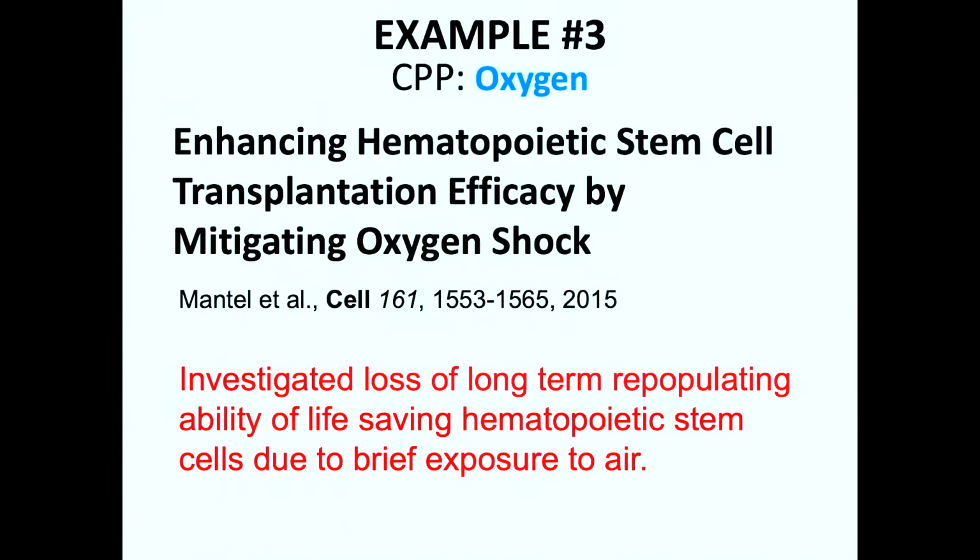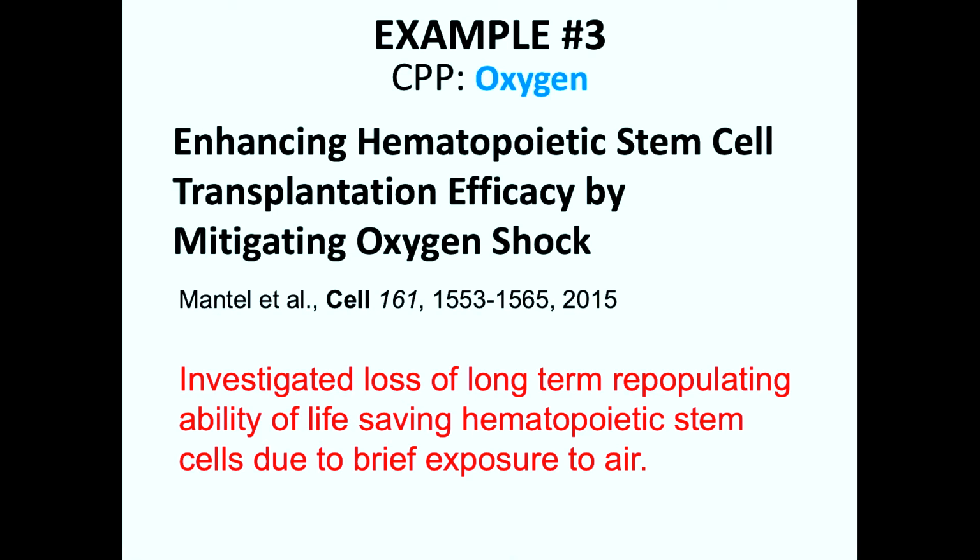My next example is a publication a year or two before that by one of the most knowledgeable stem cell experts in the world. And they were investigating the loss of the repopulating capability of bone marrow stem cells, the same type of stem cells that are used for transplant, whether they come from mobilized peripheral blood or cord blood samples or bone marrow biopsies. It's those same cells that give life to probably more people than any other cell therapy.